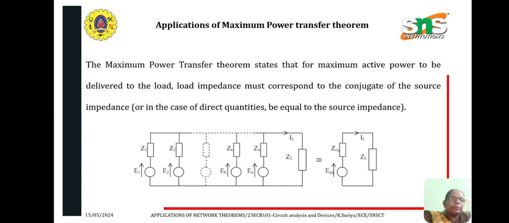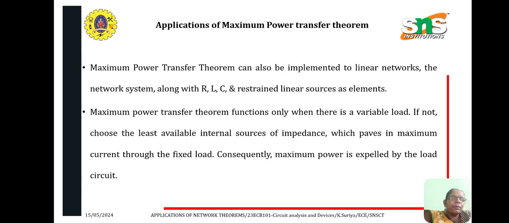Next one is maximum power transfer theorem. You will get maximum power delivered to the load if your load resistance is equal to the source resistance, or load impedance is equal to the source impedance. The maximum power transfer theorem can also be implemented on linear networks, with RLC and restrained linear sources as elements.